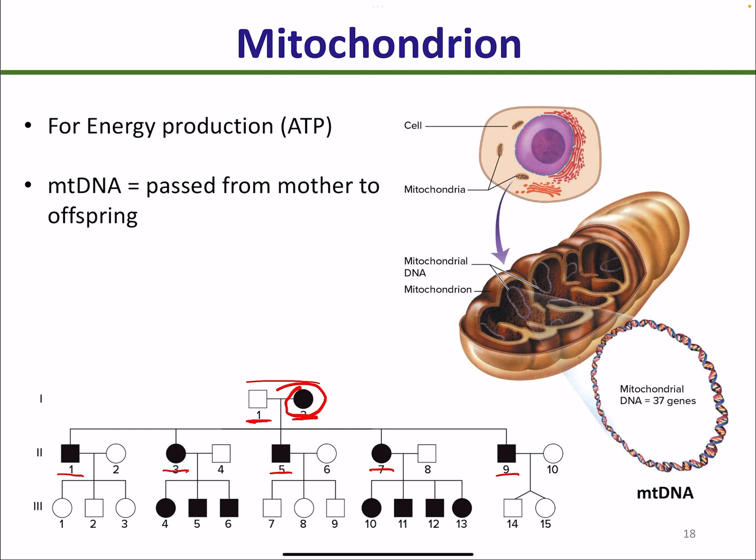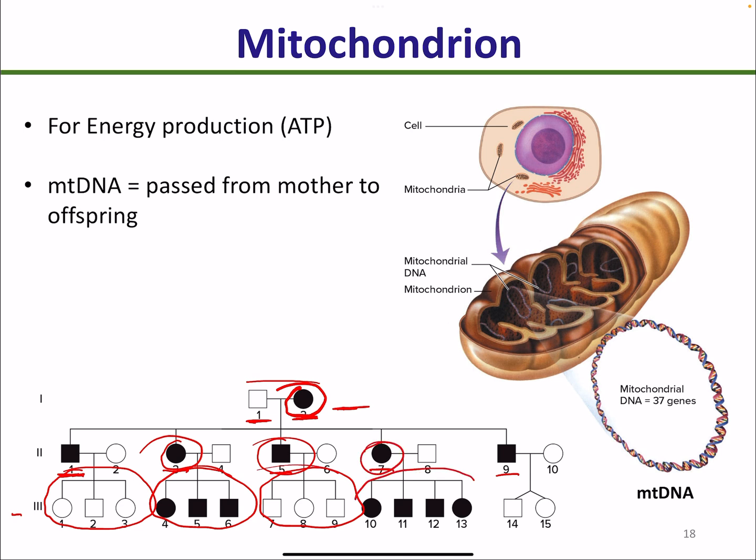When we look at the second generation, the males that receive the mitochondrial defect from mom did not transfer their defect to their children, right? While the mother here is transferring the defect to all her children, the dad here has no affected children.